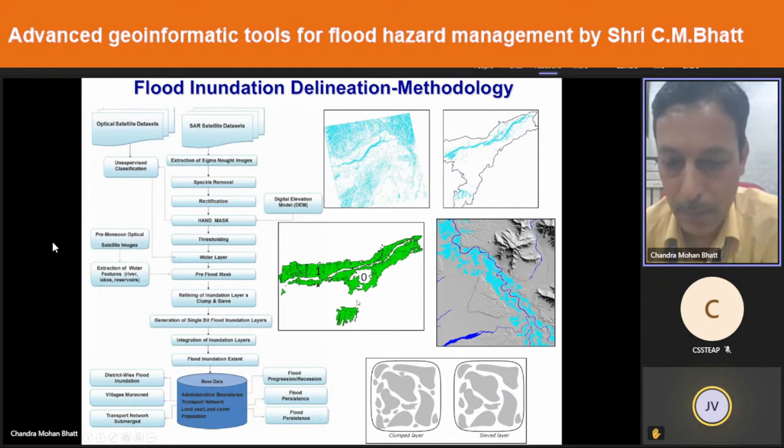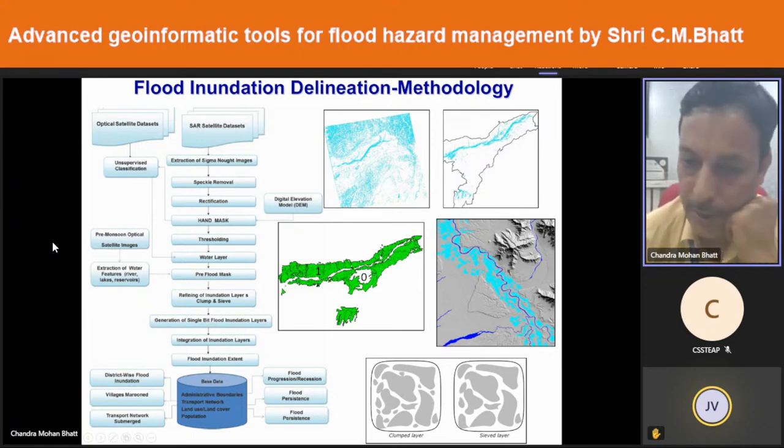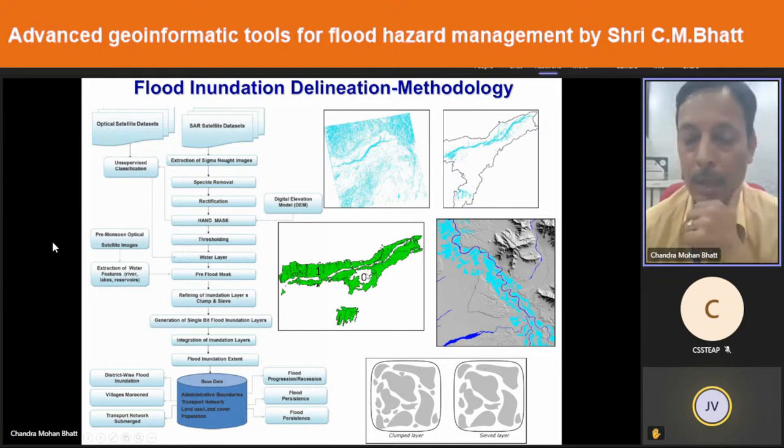Then we have the mask within the state for the river and non-river areas. That means rivers which already have water, and those areas which are high hills within the state, get excluded from our analysis, and whatever remains will be called flood, and the permanent water will be removed, so that this mask is applied.